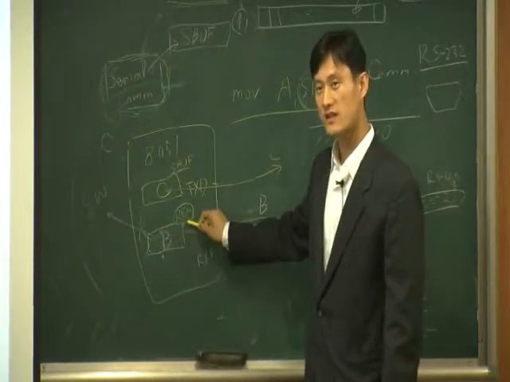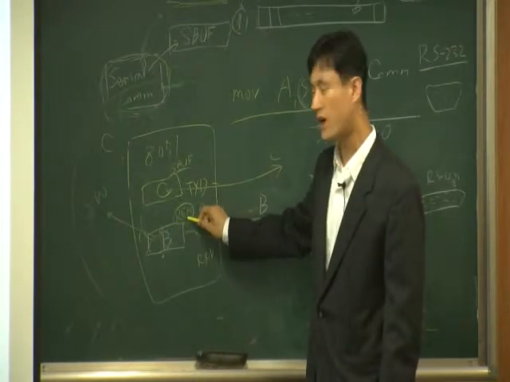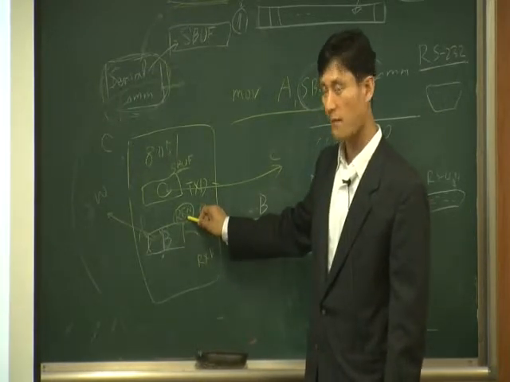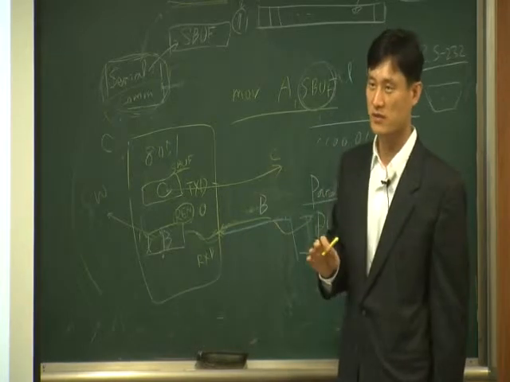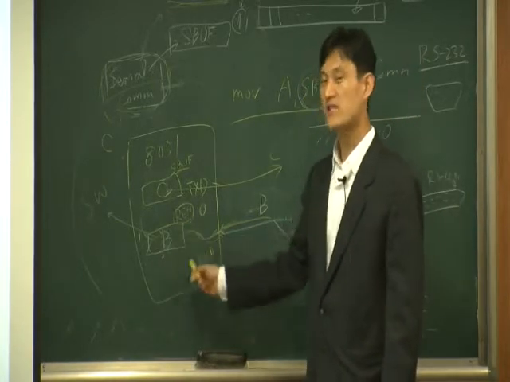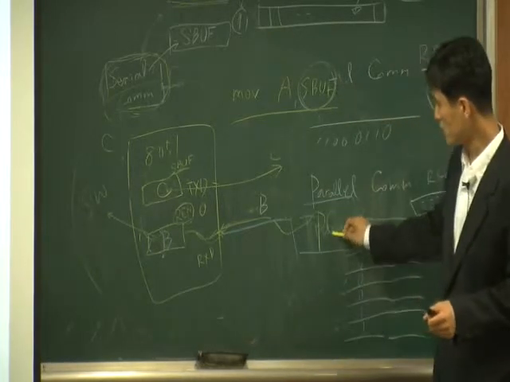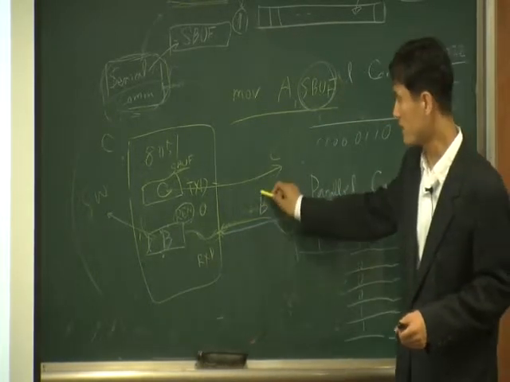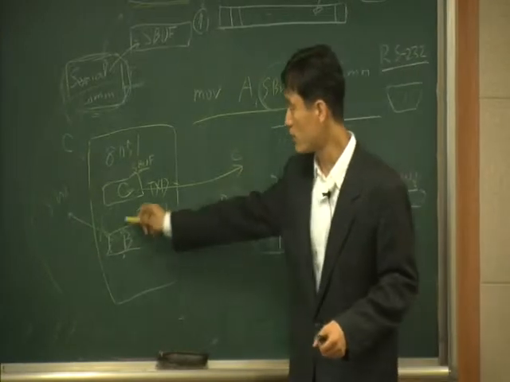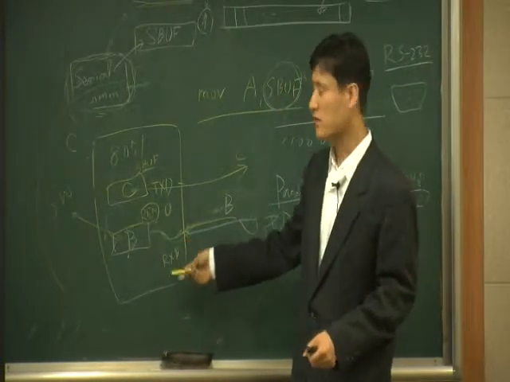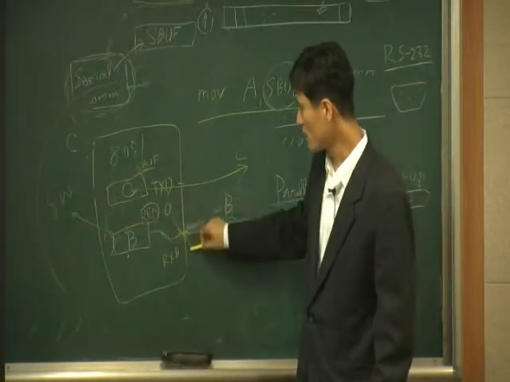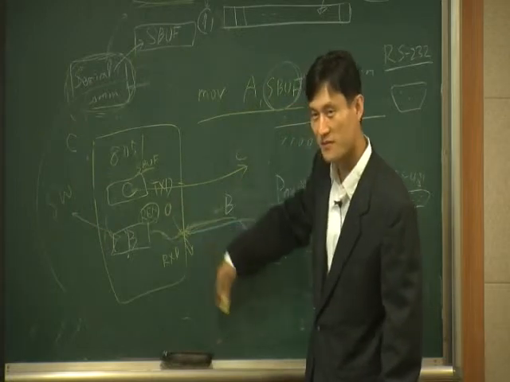If you set the REN bit to 0, that means our receive is disabled. If we have a disabled receiver, let's say your PC is transmitting letter B, but our receiver is disabled. Therefore, this B is ignored and dropped here.